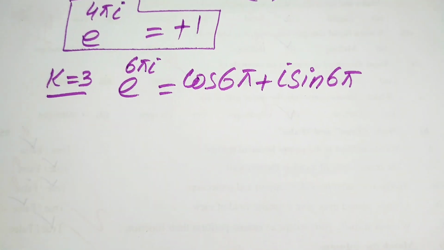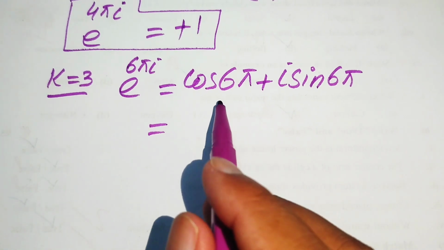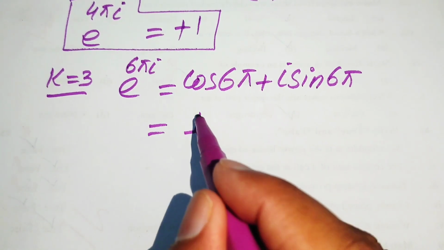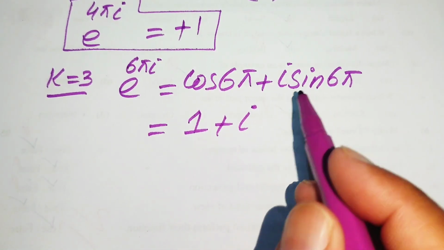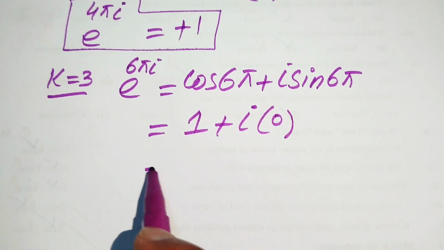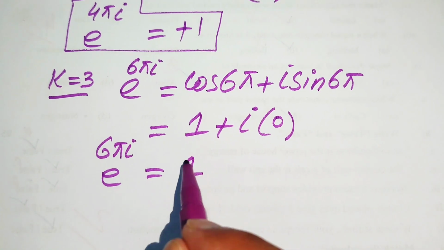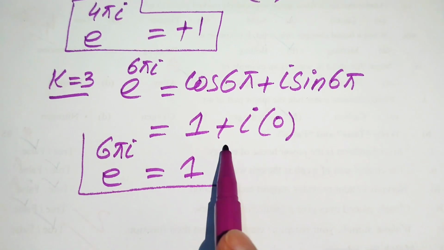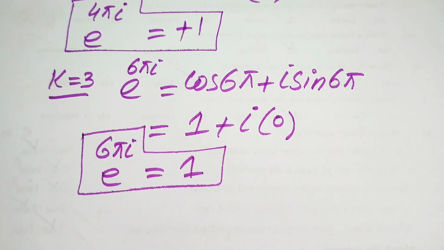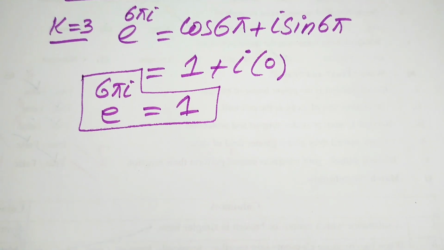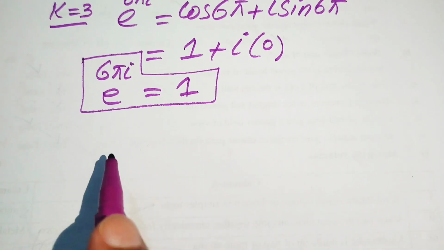And now in the next step, we have the value of cos of 6 pi equal to plus 1 and the value of sine 6 pi equal to 0. So we have e to the power of 6 pi iota is equal to 1. So from these values of k, we conclude that our above Euler's identity is equal to 1.